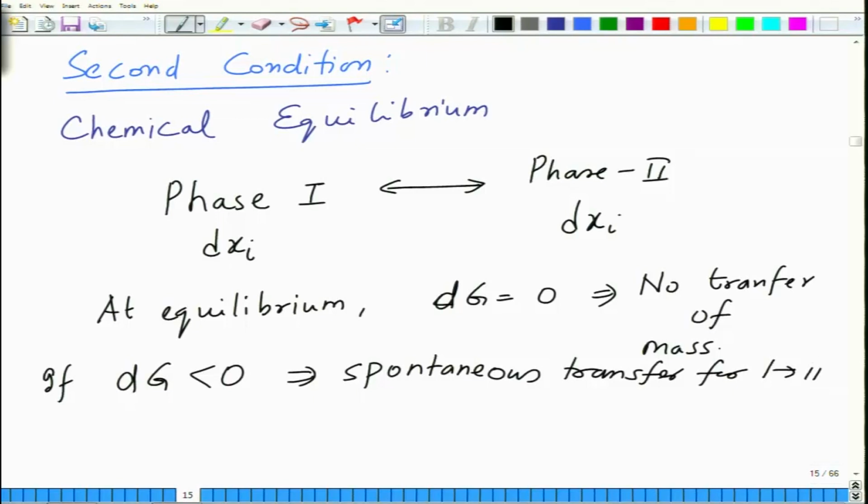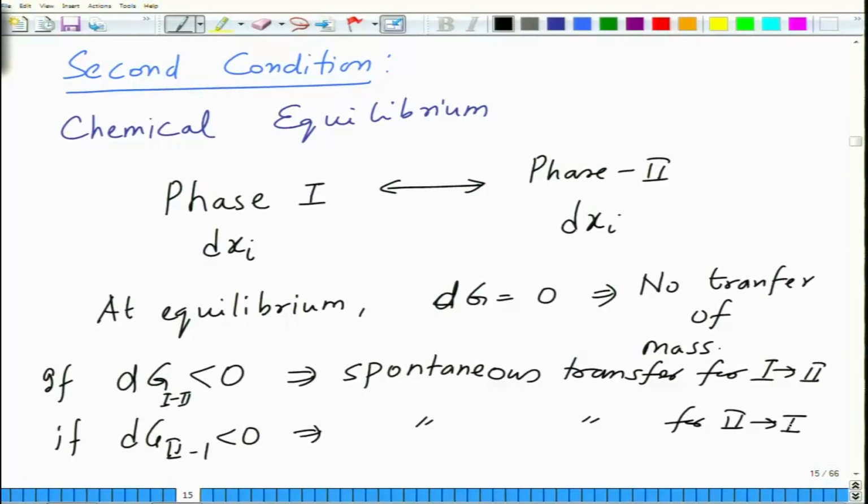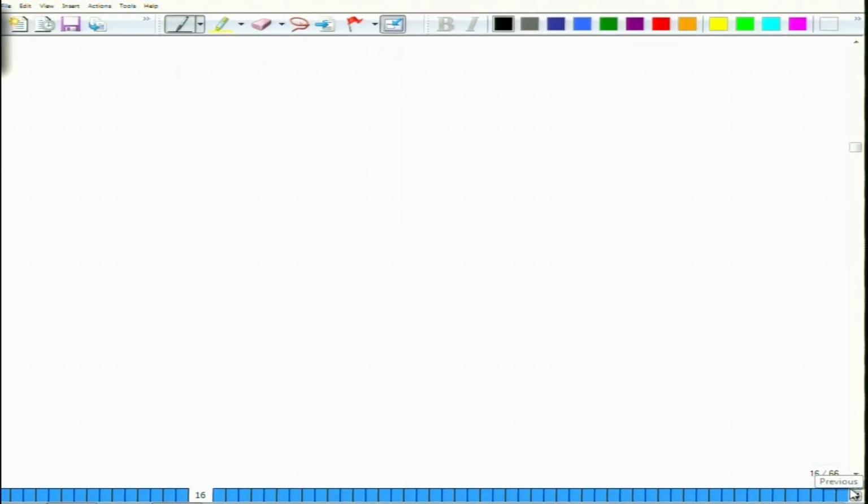Or if dG 2 to 1 is less than 0, then you have a spontaneous transfer from 2 to 1. So this is the free energy change that is going to happen. The total free energy will change as you change the mass from one phase to another.